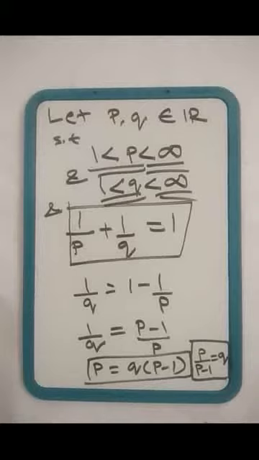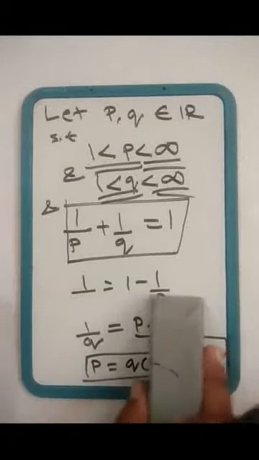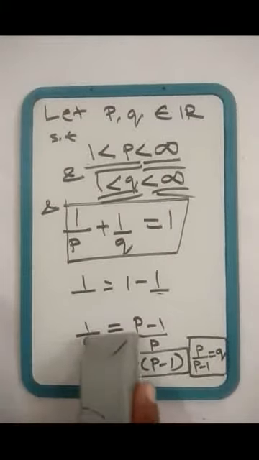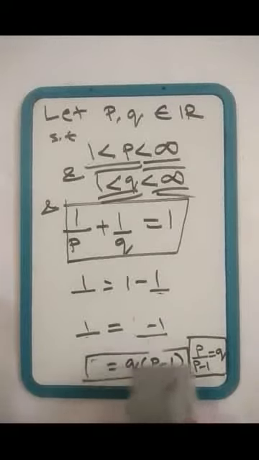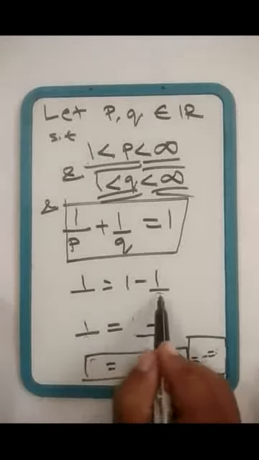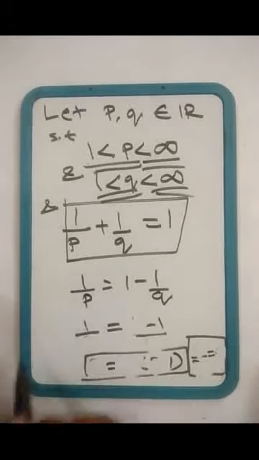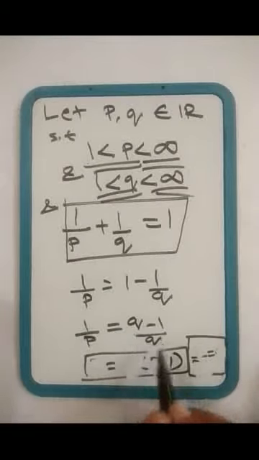Okay. Now whatever has been done, if you replace all of these things, let's look at this one. 1 by P is equal to Q minus 1 upon Q. Okay.